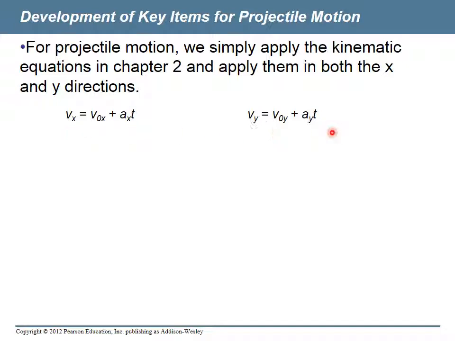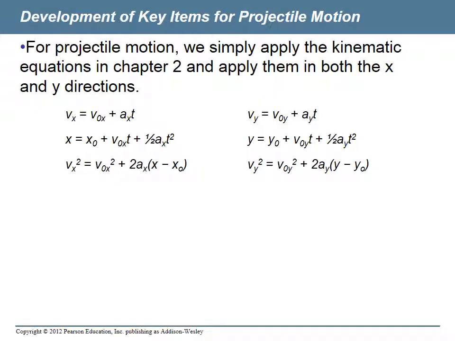So it gives us two equations for x and y relating velocity, acceleration, and time. Same thing here: x equals x naught plus V naught xt plus 1/2 axt squared. And we do that again in the y direction: y equals y naught plus V naught yt plus 1/2 ayt squared. And we'll do that again for this third one: Vx squared equals V naught x squared plus 2ax delta x, and Vy squared equals V naught y squared plus 2ay delta y.